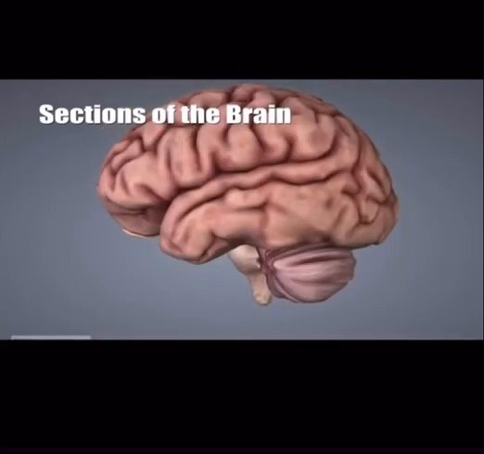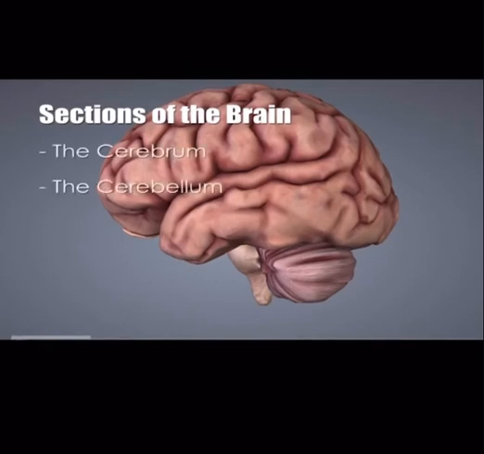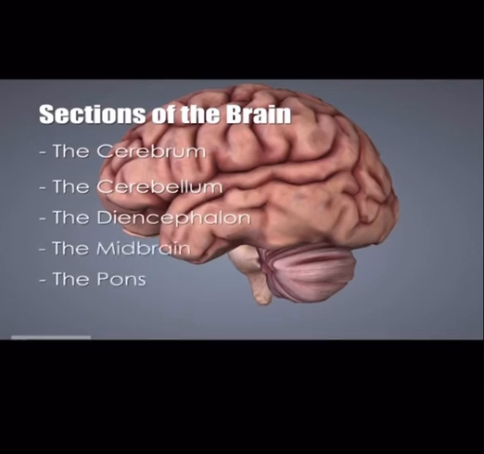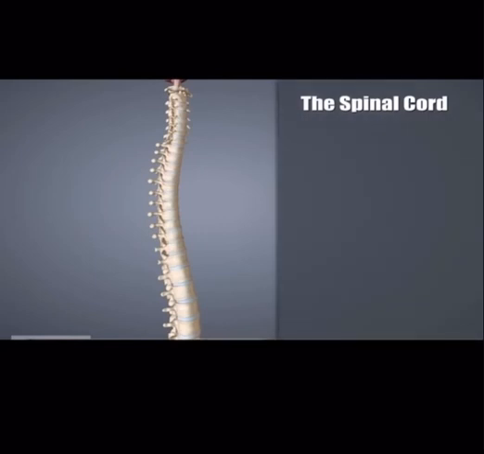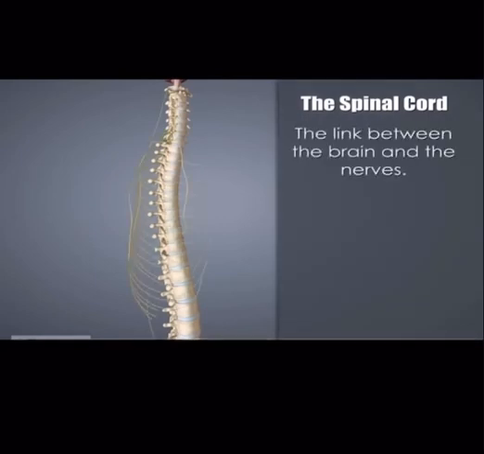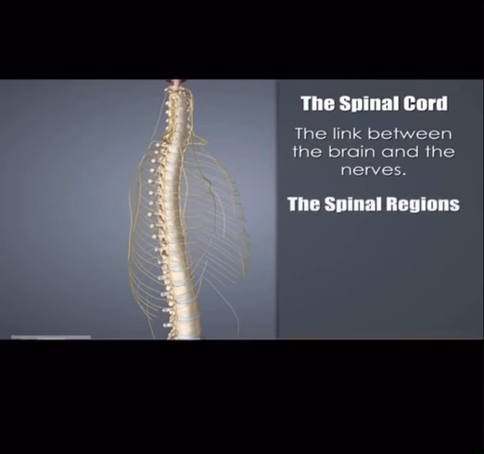It's made up of six main sections: the cerebrum, the cerebellum, the diencephalon, the midbrain, the pons, and the medulla oblongata.